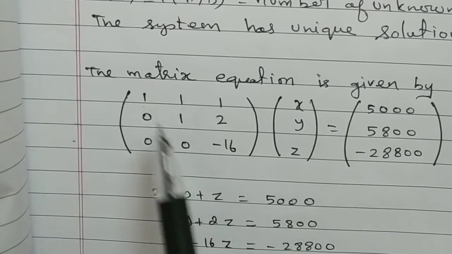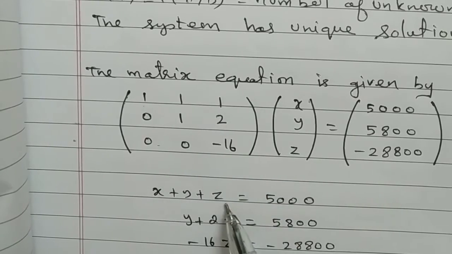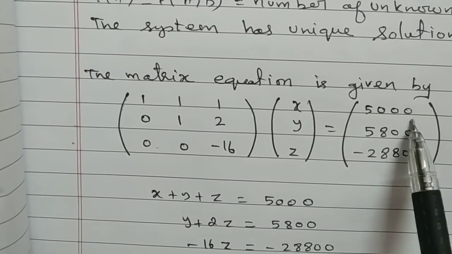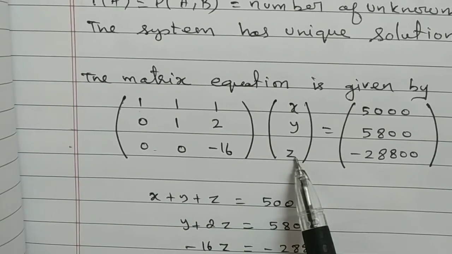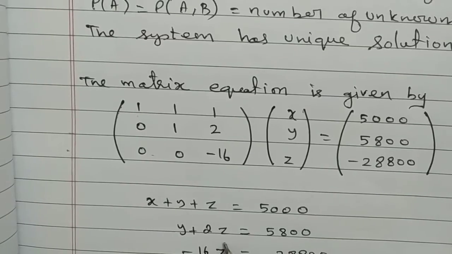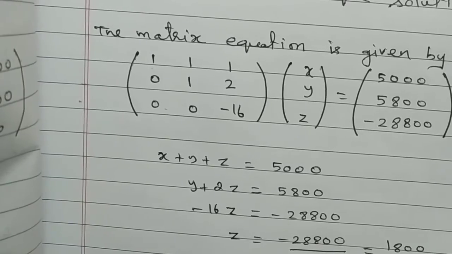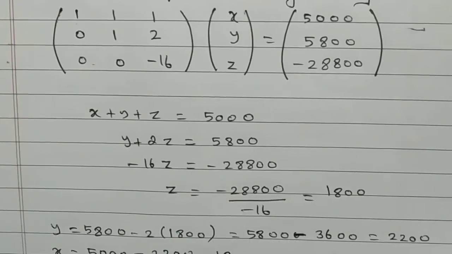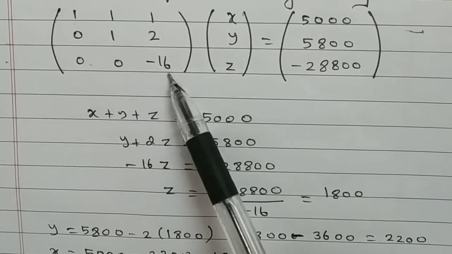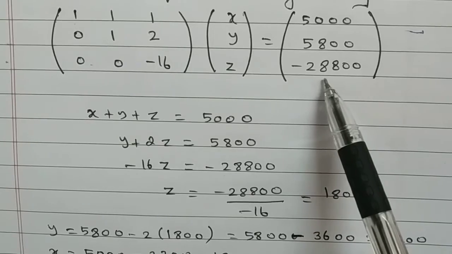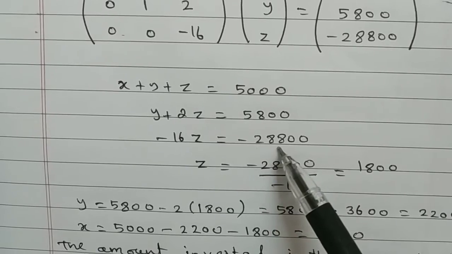So form the equations: 1 into x, x plus 1 into y, y, 1 into z, z equal to 5000. 1 into y, y, 2 into z, 2z equal to 5800. Next one, minus 16z equal to minus 28,800.